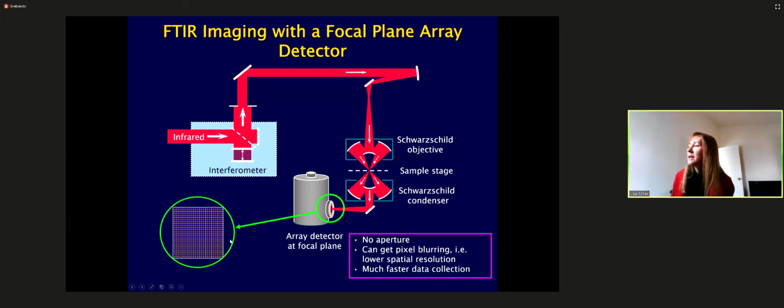So we use this if we have less challenging samples and we want to collect data faster. But if we have samples where we want the best spatial resolution, what we will do is use a single pixel detector here, and that allows us to just take one spectrum at a time, but you get the best spatial resolution.